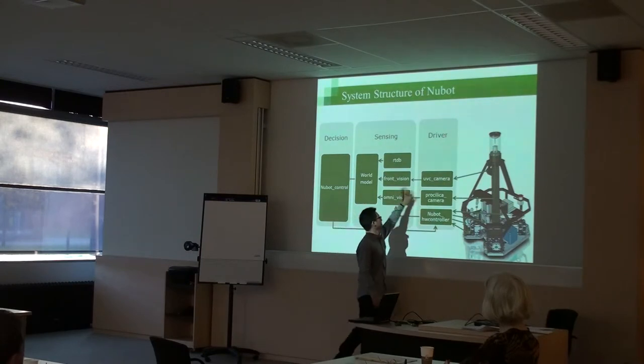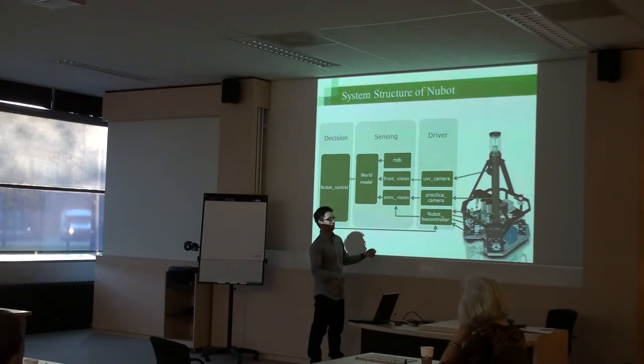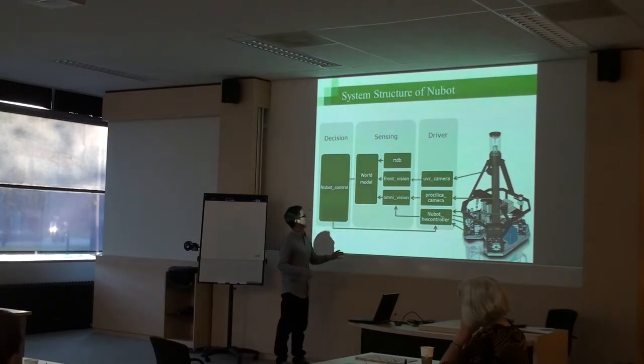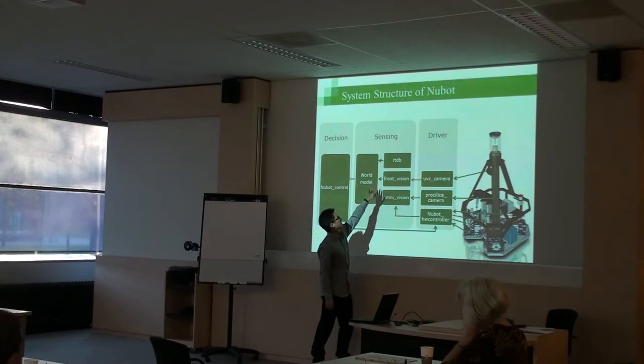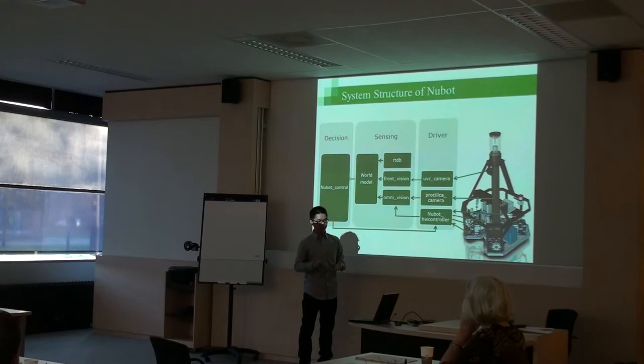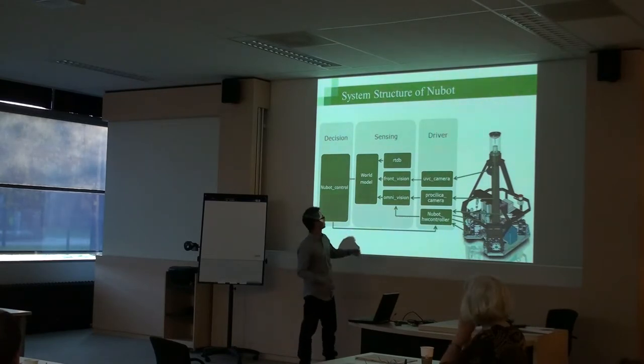After that, this part is about how we process the information, how we process the image, and extract the information to make a raw model. Here is an RTBD node, but currently we are using UDP communication that receives information like the coach command and messages from the other robots.